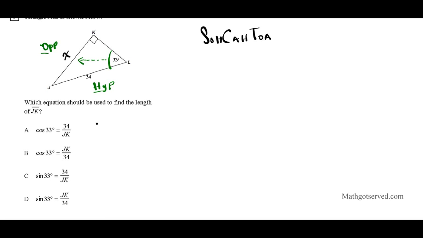It's sine, right? So we're going to go sine of the angle, sine 33, equals opposite over hypotenuse. So to get x by itself, we'll multiply both sides by 34, and then we have x equals 34 sine 33.